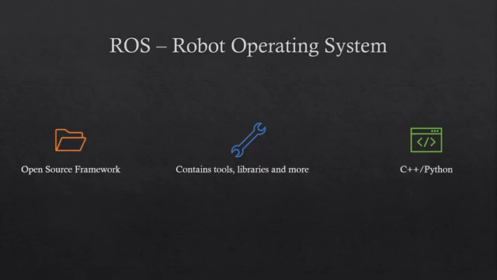So the ROS framework contains tools, libraries and conventions to make the development of robots easier for you and me as developers. There also exist a lot of libraries which you can download and use in your own projects. So say for example that you want to focus on computer vision and you do not want to focus so much on the movement of the robot.